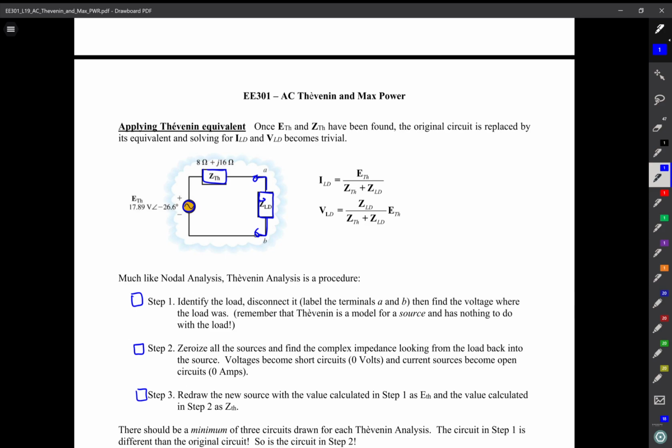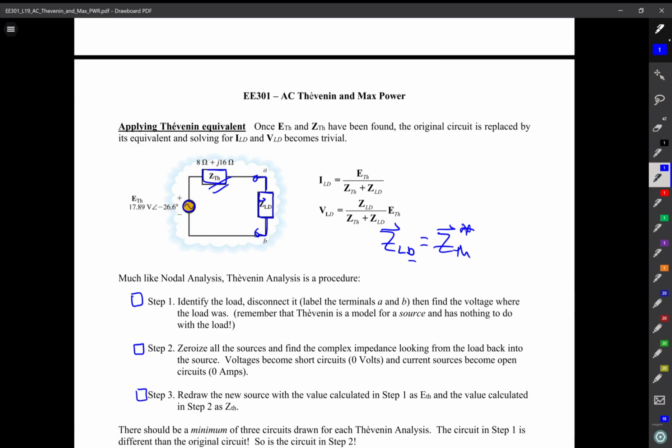Now, for max power transfer, we say that Z load would equal Z Thevenin complex conjugate. So we find Z Thevenin, take the complex conjugate of that value, and that is the load that we have to deliver the maximum power.